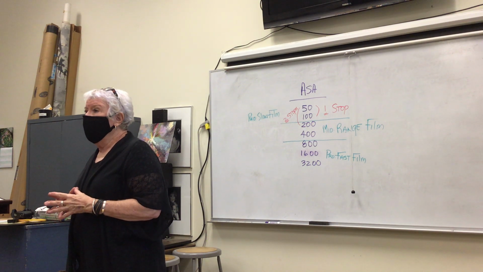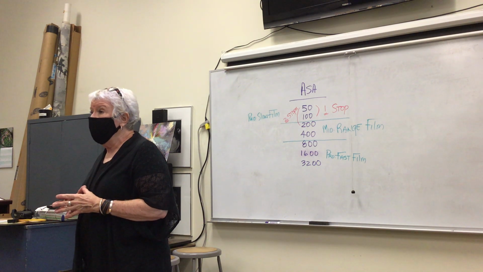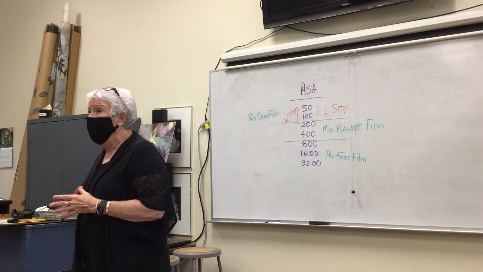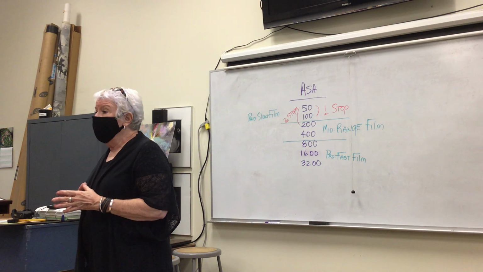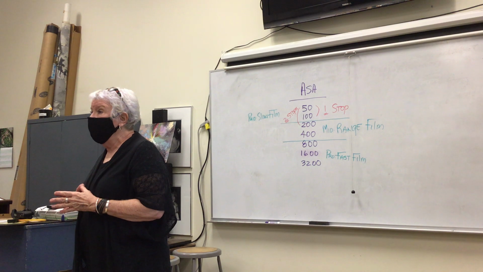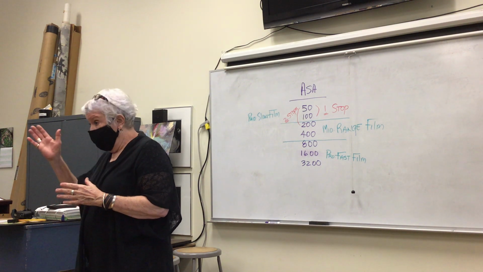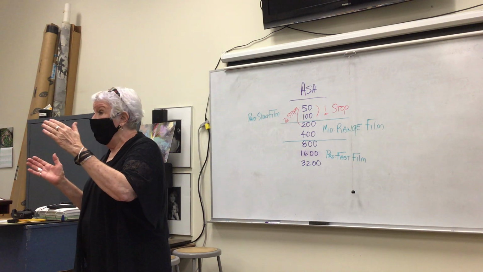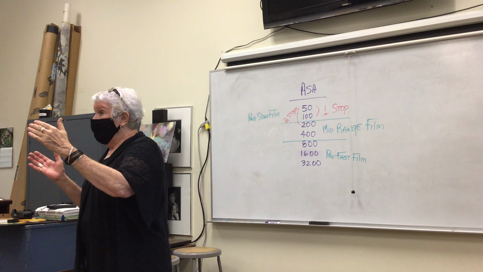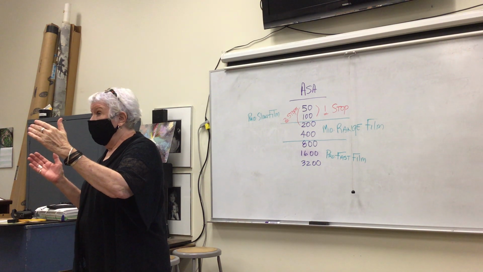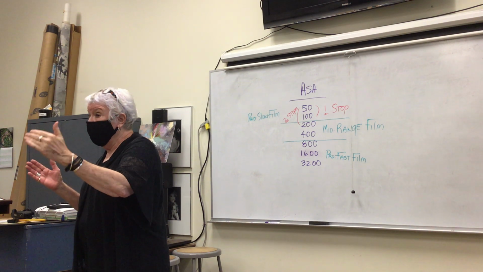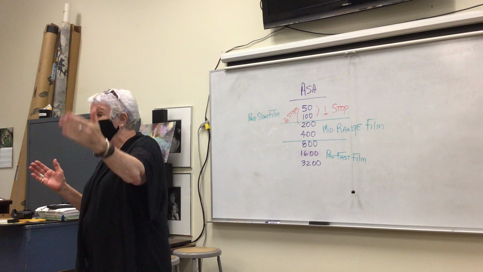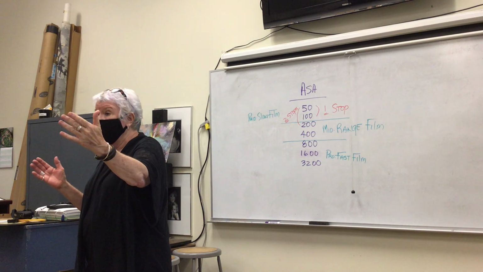I'm trying to remember, I shot a lot of Velvia, which is ASA 50, for architectural work, and the reciprocity failure range was like, you were good from 1/8 of a second all the way down to, I think, 30 seconds. But if you went beyond 30 seconds, then you had to worry about the failure, the loss of light.